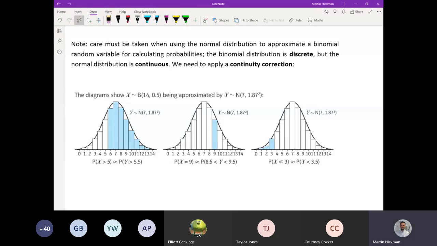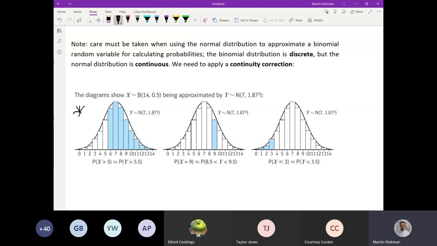If you look at this first example here, where I've just put a star, if you work out the probability that x is greater than 5, that means in terms of our binomial distribution, we'd be working out the probability of 6, the probability of 7, 8, 9, all the way up to 14. Okay, n is 14 here.